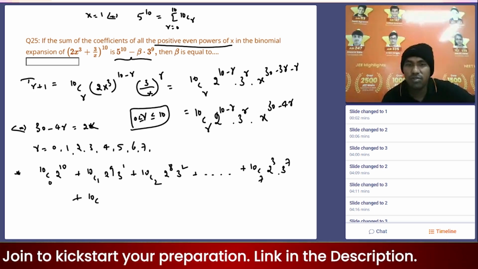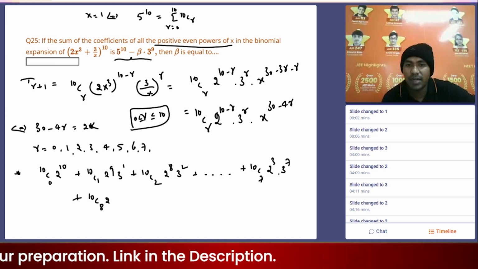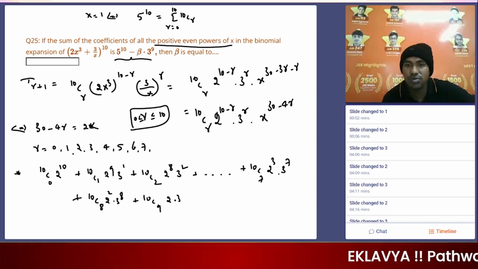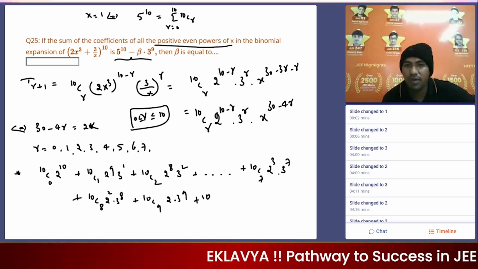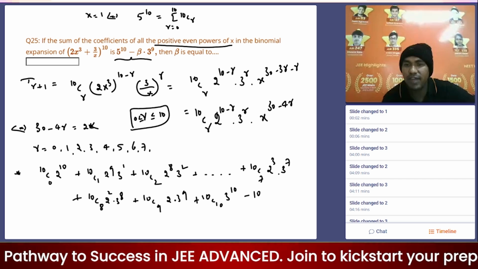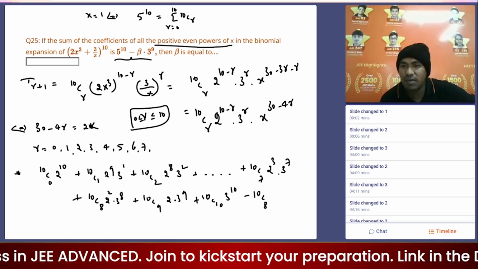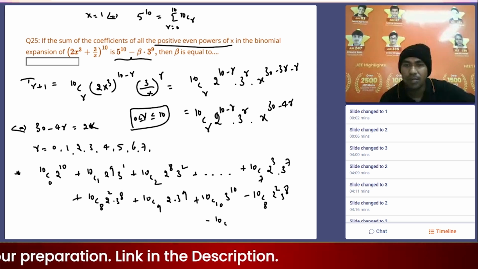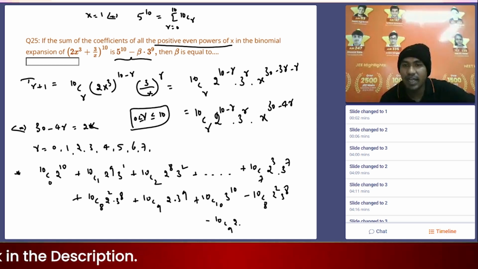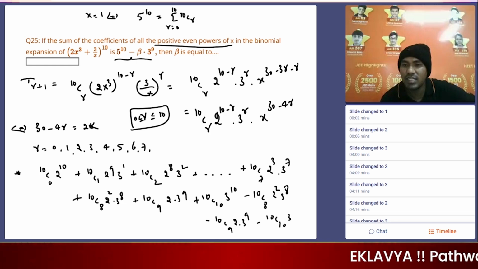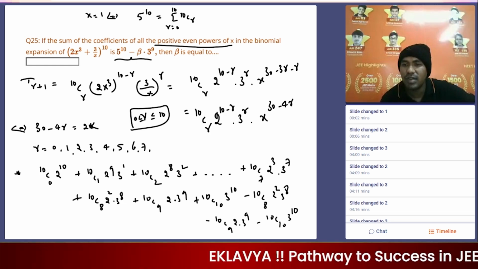So what I will do, I will add the remaining part: 10C8 2² into 3^8, 10C9 into 2^1 into 3^9, and plus 10C10 into 3^10. If I add and subtract this part, 10C8 into 2² 3^8 minus 10C9 into 2 into 3^9 minus 10C10 into 3^10.